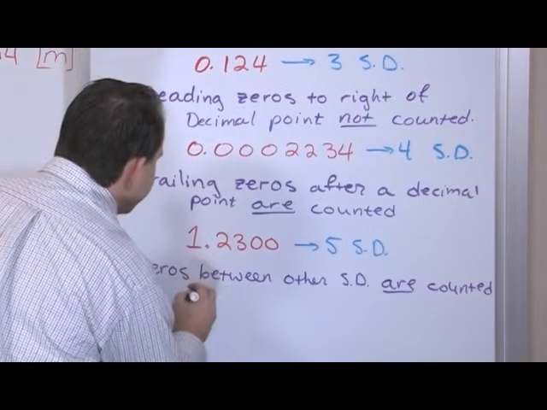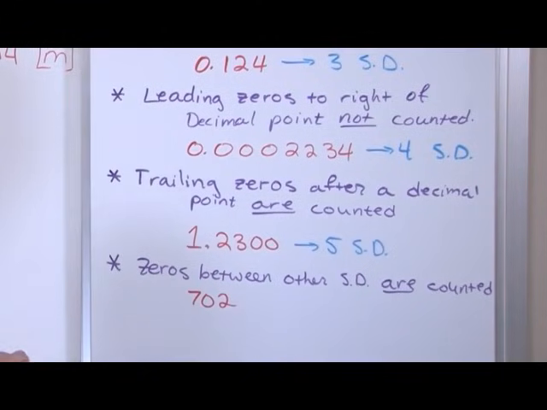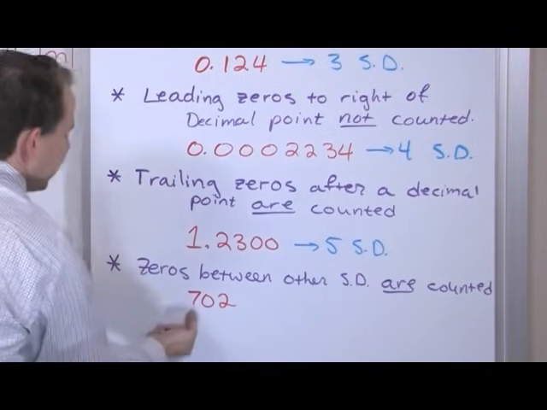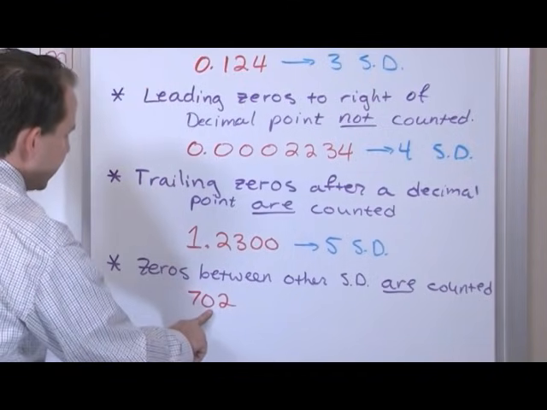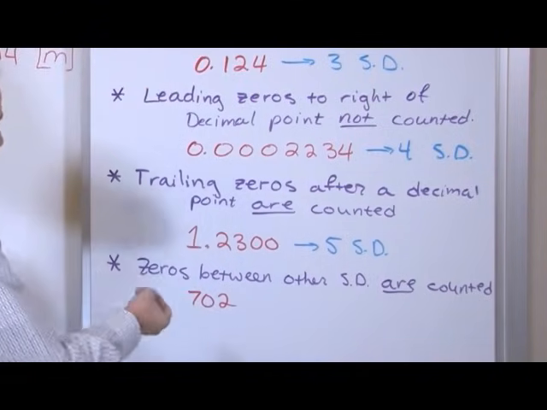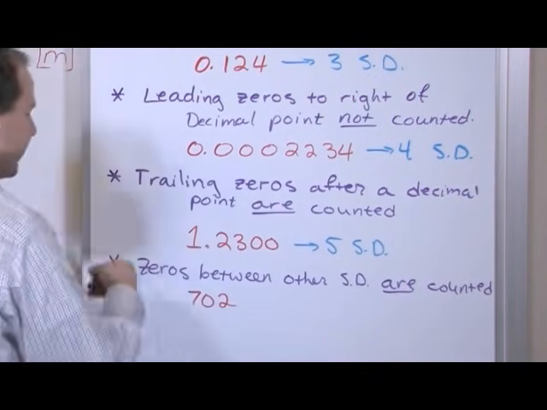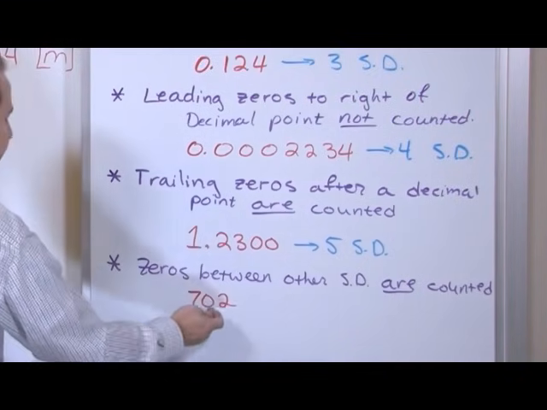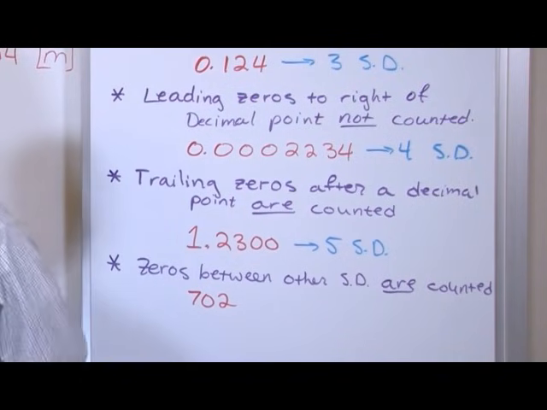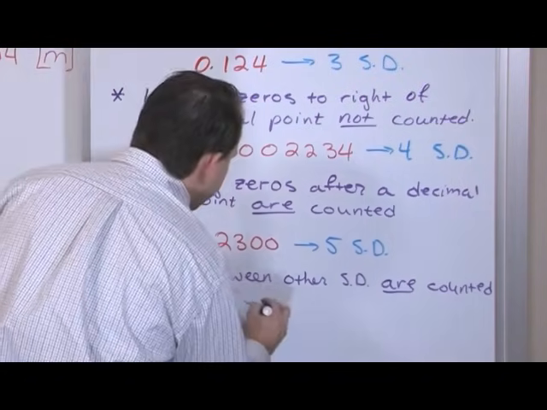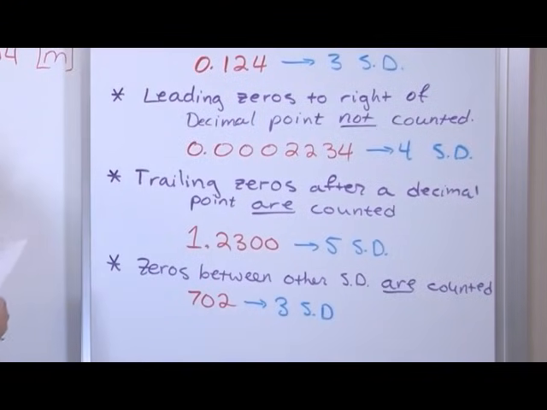What about 702? All right, 702. This is a significant digit. This is a significant digit. This is not a cosmetic number. This is actually part of the number. It's telling me the accuracy with which I've measured this guy is at least to 702. So when I have a zero sandwiched between other numbers, it is counted. So this guy would be 3 significant digits.